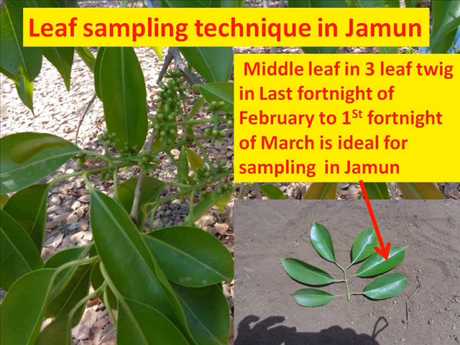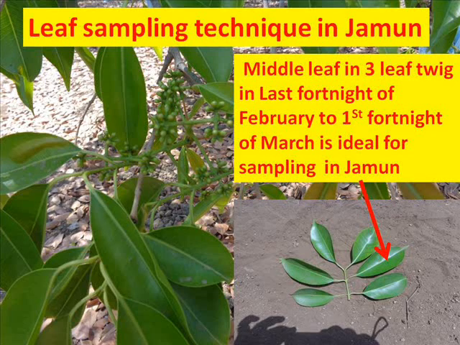Based on all these observations, we thought the recently matured leaf should be taken when the young inflorescence is at the very bud stage, where you can see the buds. That stage is most appropriate for sampling 3-paired twigs, and in those twigs the middle pair is stabilized and has optimum nutrients.